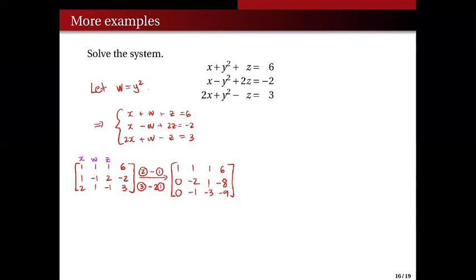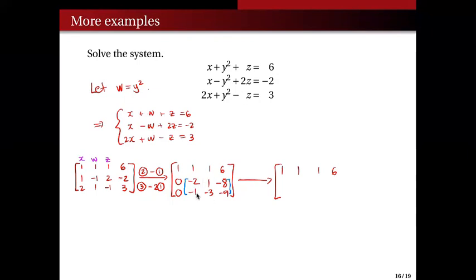So again, for the last time, I'll put this guy here so that I can emphasize that I'm just working on this submatrix, which means that first row, we just copy it for now. 1, 1, 1, 6.